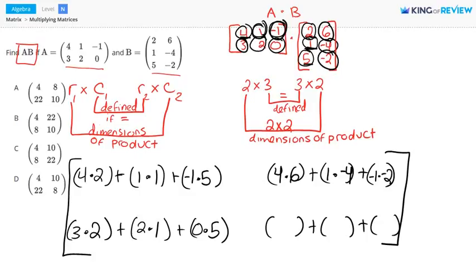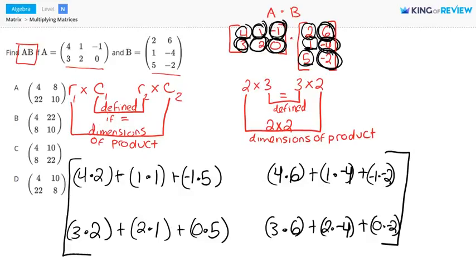And the very last entry is 3 times 6 plus 2 times negative 4 plus 0 times negative 2. So we have the setup for each of our entries, and the next thing we want to do is calculate those entries.